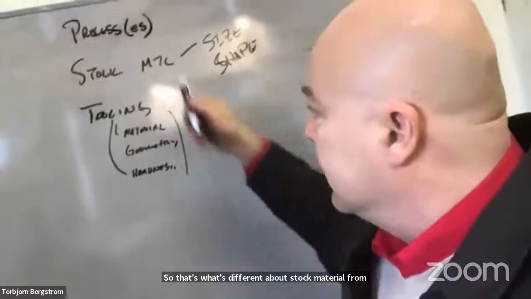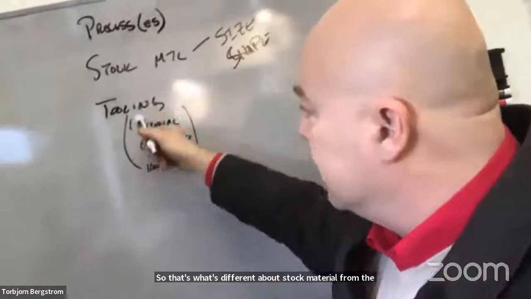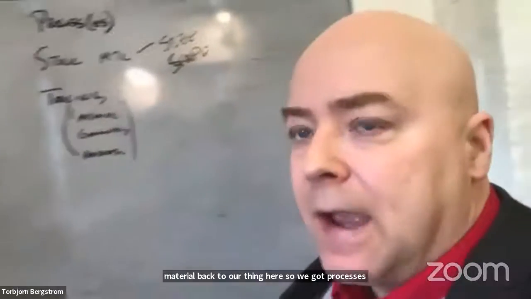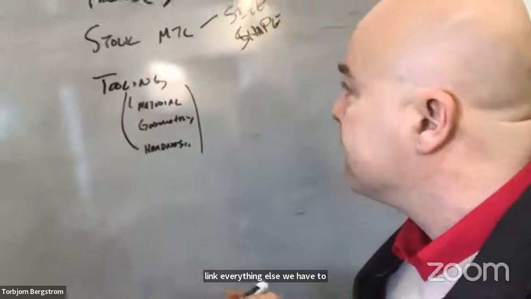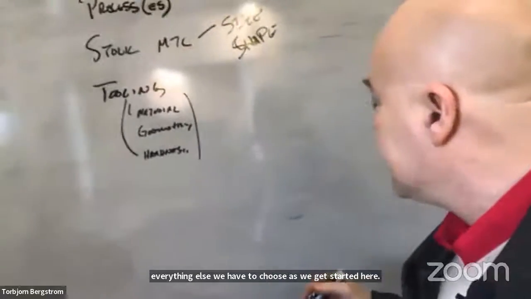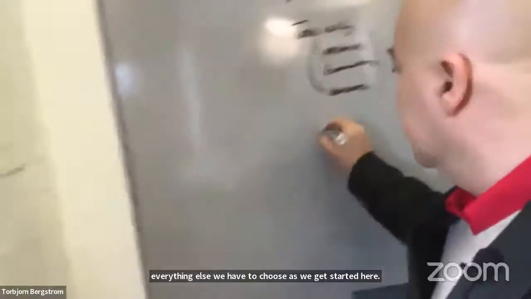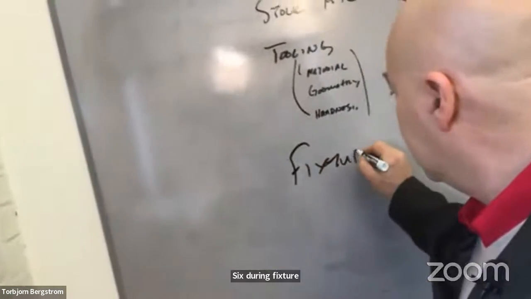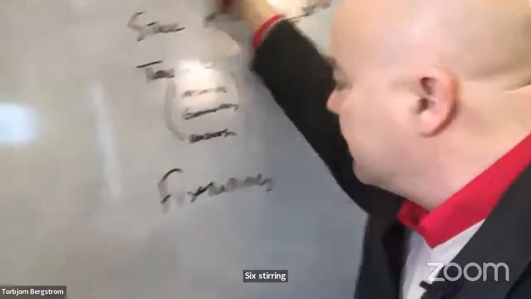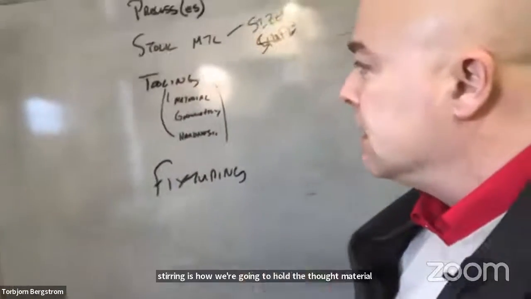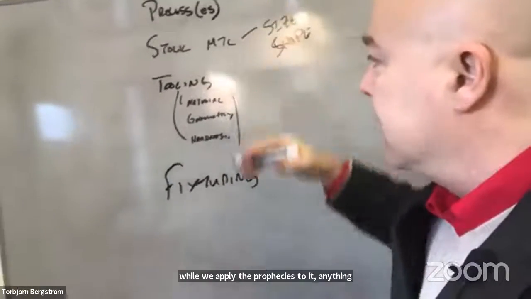So we have processes, stock material, tooling. Is there anything else we have to choose as we get started here? Fixturing. Fixturing is how we're going to hold the stock material while we apply the processes to it. Is there anything else that's critical at this step that we have to choose?